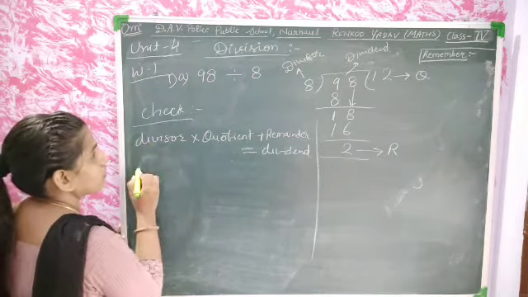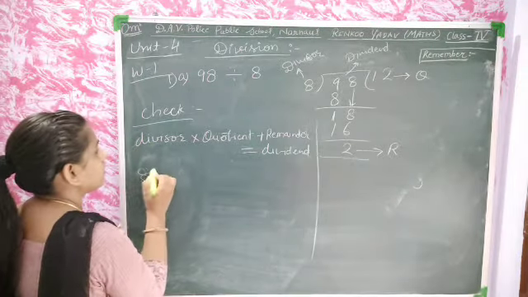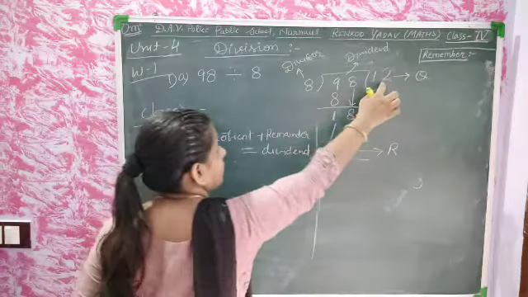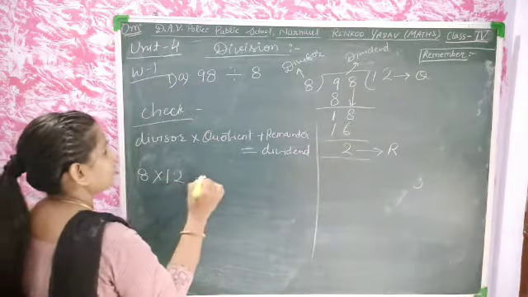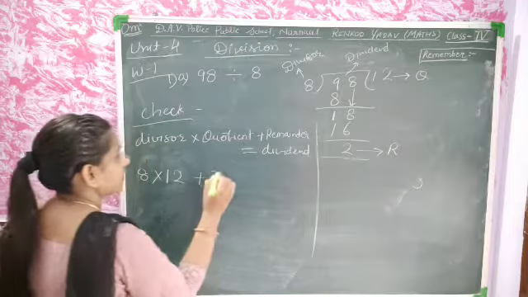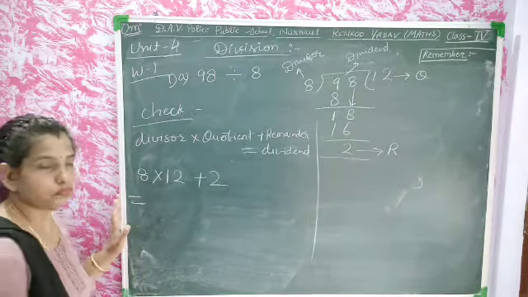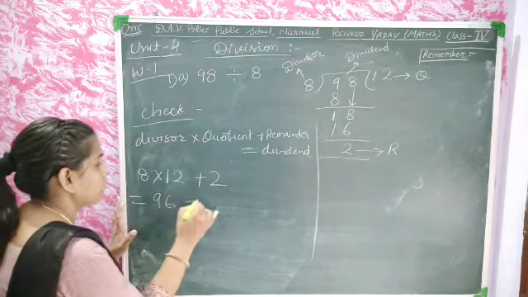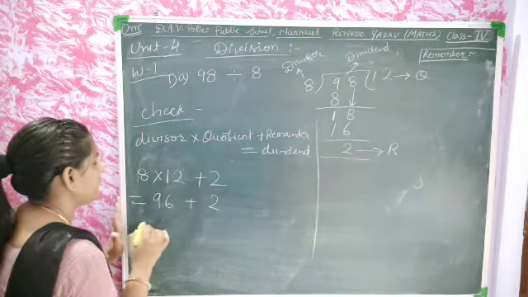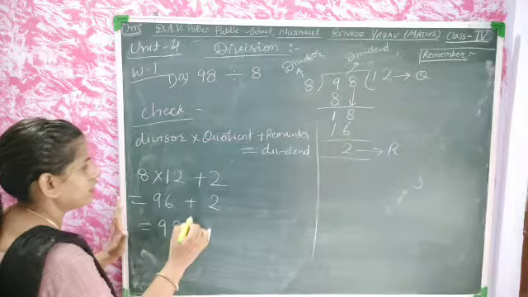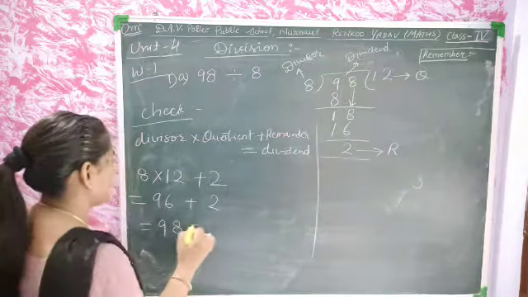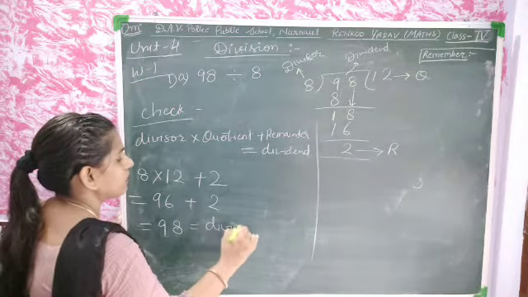Checking here. Divisor: first the divisor here is 8, and the quotient is what? 12, and plus what is the remainder here? That is 2. Now solve it. 12 8s are 96, and plus 2. 96 plus 2 is 98, and this will be the dividend. It means it's checked.